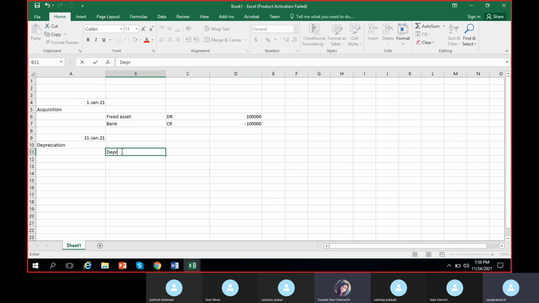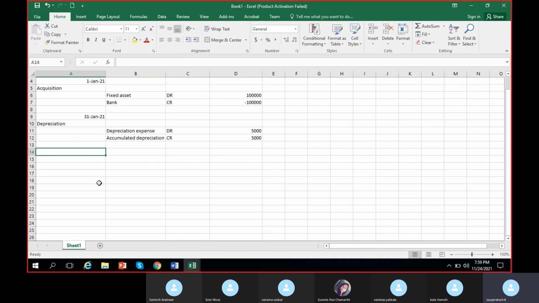Depreciation expense account will be debited for, let's say, 5,000, and accumulated depreciation will be credited for 5,000.